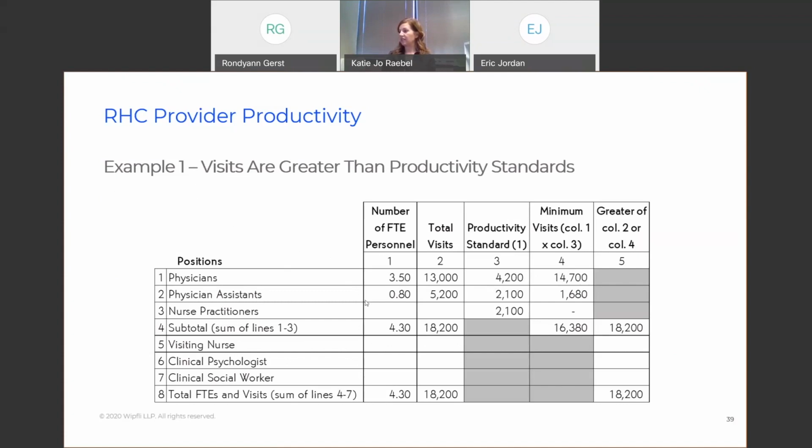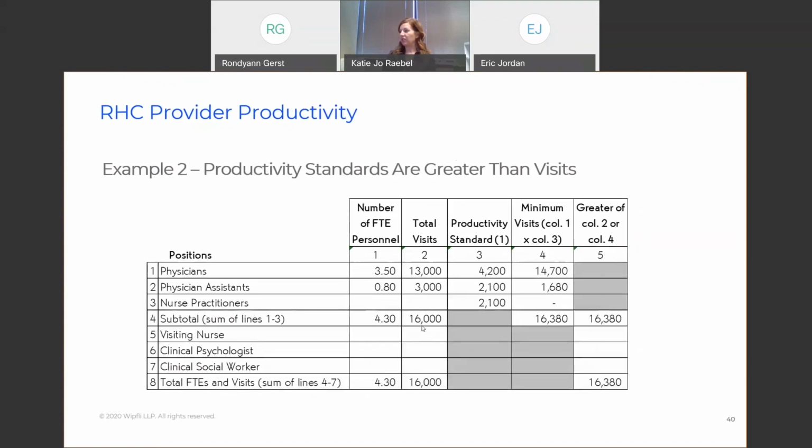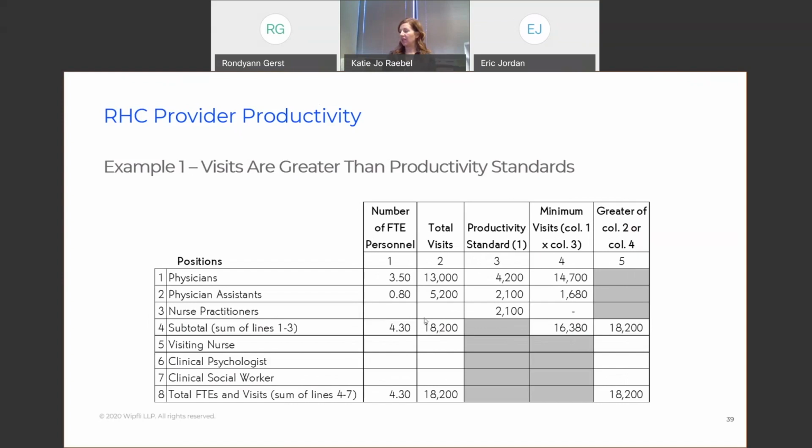So in total, we have 4.3 FTEs and our productivity standard visits are 16,000. But our actual visits are 18,000. So assuming that these are correct, we're going to have a denominator of 18,200 in our cost per visit calculation.